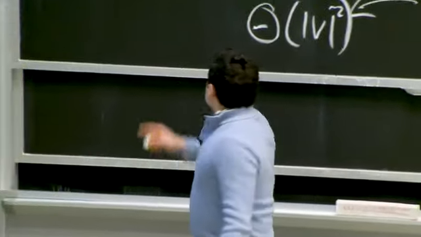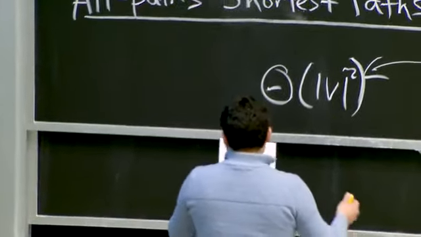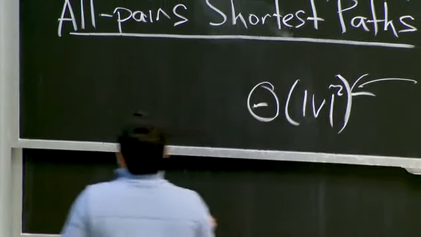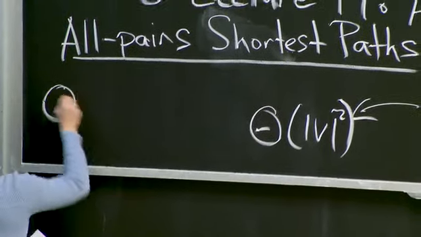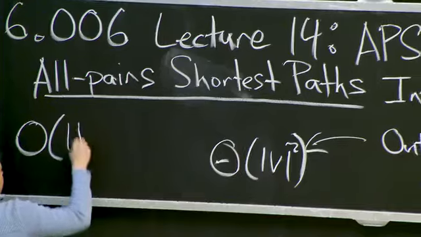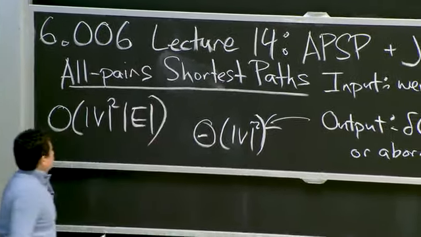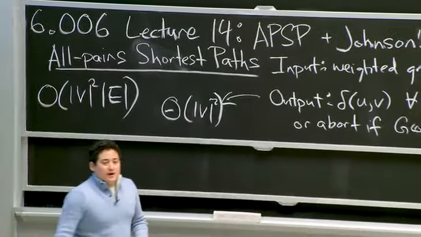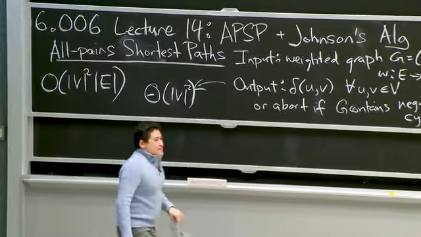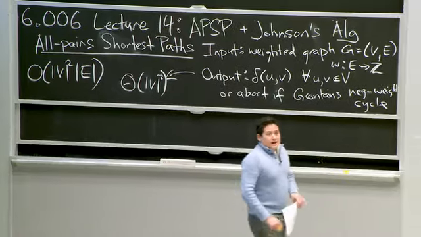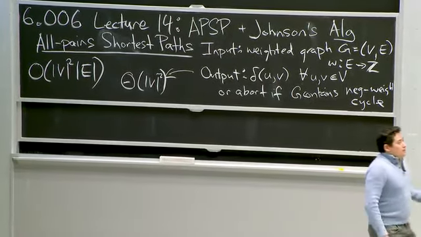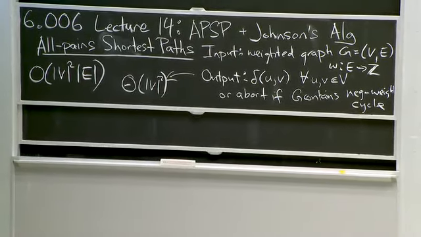And we could definitely solve it in order V squared E time using Bellman-Ford, right? We just run Bellman-Ford from each of the V vertices and deal with a graph on any set of vertices.